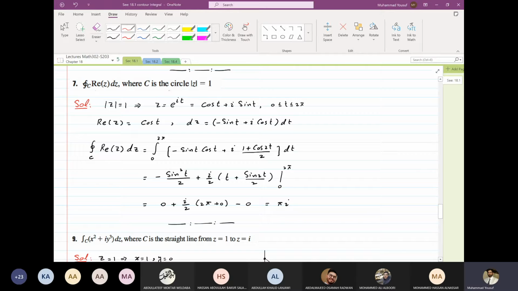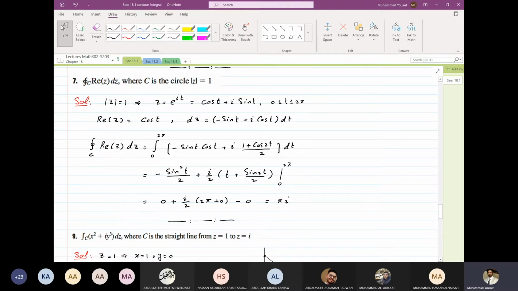For t between 0 and 2 pi, this represents a circle. When t goes from 0 to 2 pi, the values of z we get from here will give us a circle.